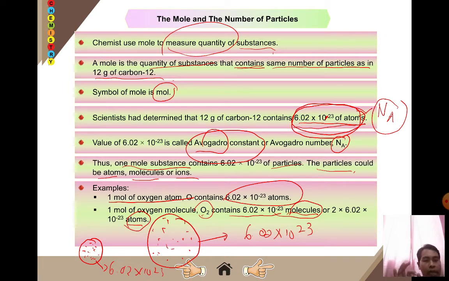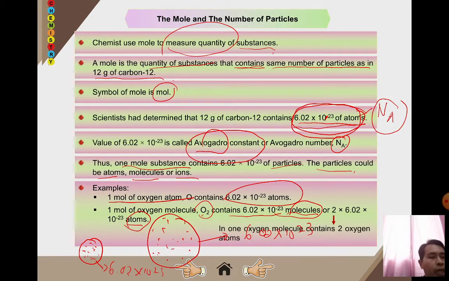Maksudnya berapa bilangan atoms di dalam molekul itu. Okay, kalau di sini 2 ni, in one oxygen molecule contains 2 oxygen atoms. Sebab tu kita kena darab dengan 2 baru darab dengan Na kita ataupun pemalar Avogadro kita.